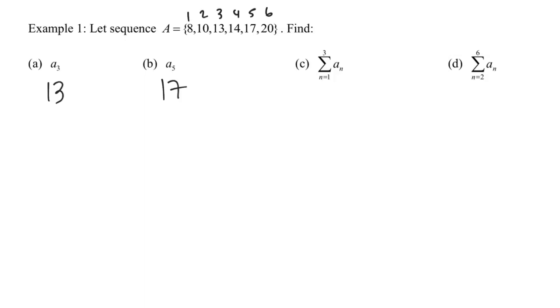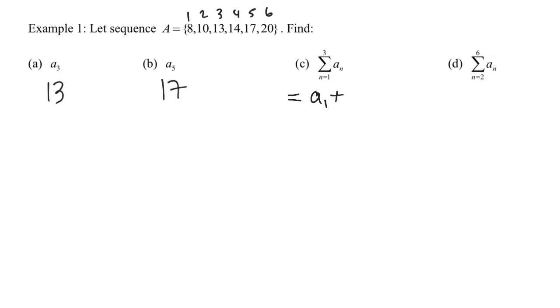Okay, for letter C, we've got our first sigma notation problem. This is read the sum from n equals 1 to 3 of a sub n. And so what this is going to equal is, I just start by plugging in the first value for n. If I plug n equals 1 in for n, this is going to be a sub 1.